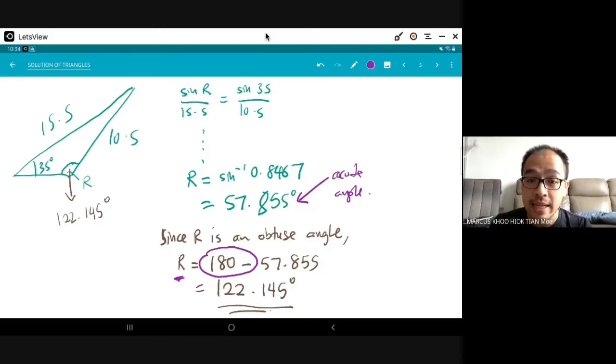Is it less than 90 degrees, or is it more than 90 degrees? If it's more than 90 degrees, then definitely it's an obtuse angle. Sometimes the question will give you a few clues. That's why we need to practice a little bit more before we can talk about this kind of questions.